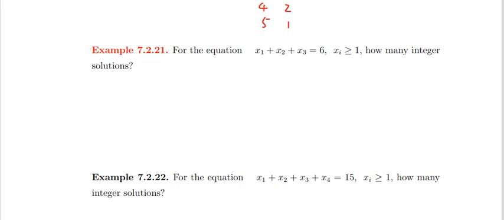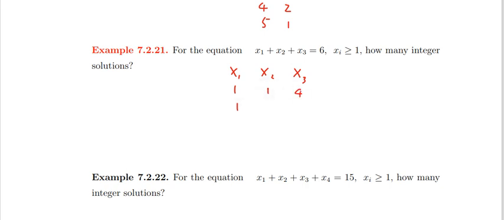We just list all solutions, like x1, x2, x3. So we just start from the smallest one. x1 is 1, x2 is 1, then this is 4, right?